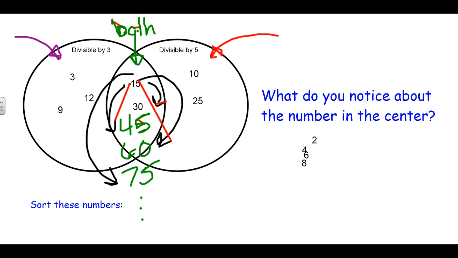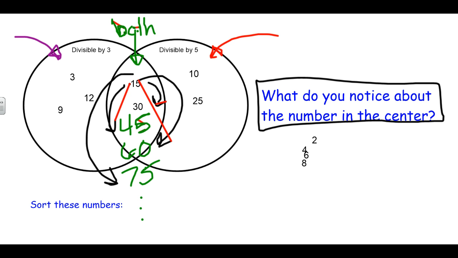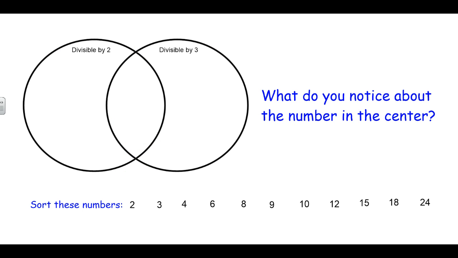So with that kind of idea in mind, that's what the center looks like here, go ahead, draw a new Venn diagram, and do the same thing for those divisible by 2 only, by 3 only, and then by both.